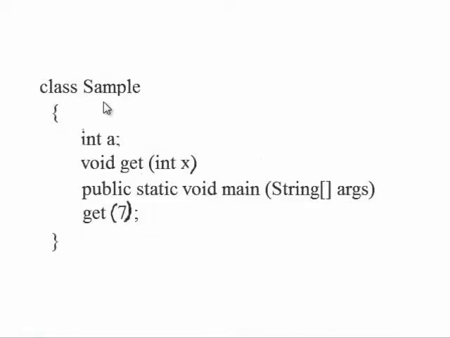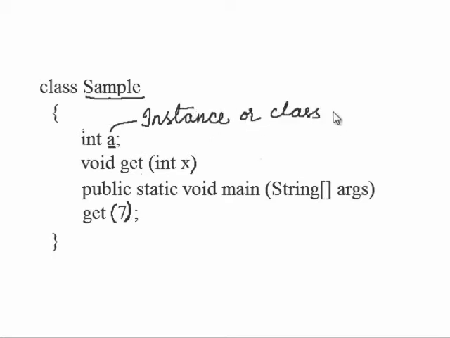So for an example, in this sample program, I have written class sample, and inside the class I have declared a variable a of the data type integer. This is an example of an instance variable or a class variable, because it comes directly under the class and it can be called anywhere within the class.